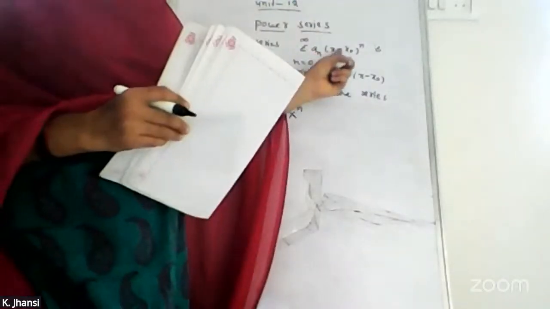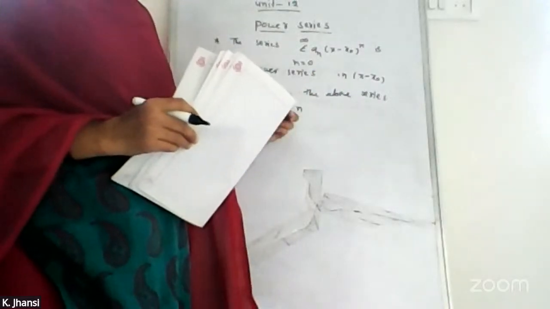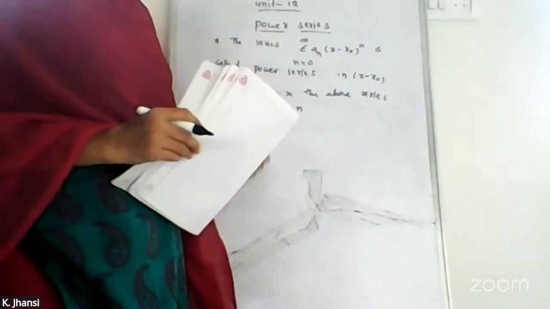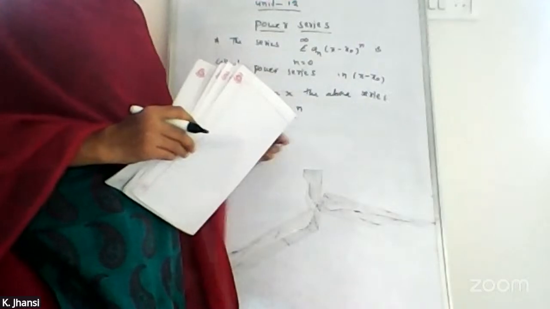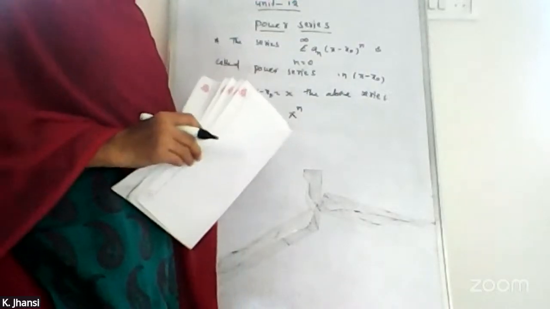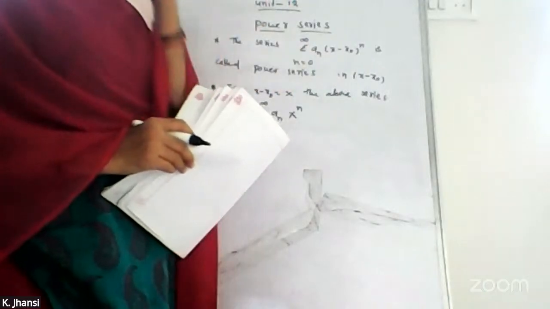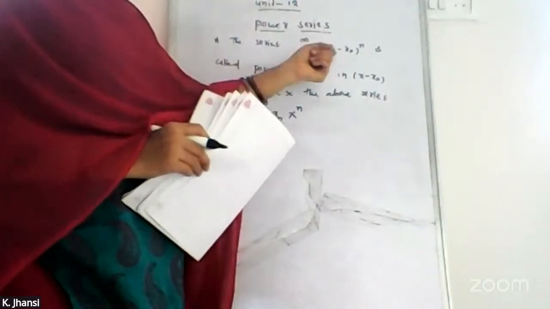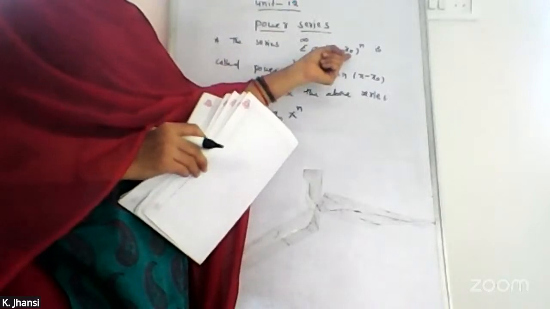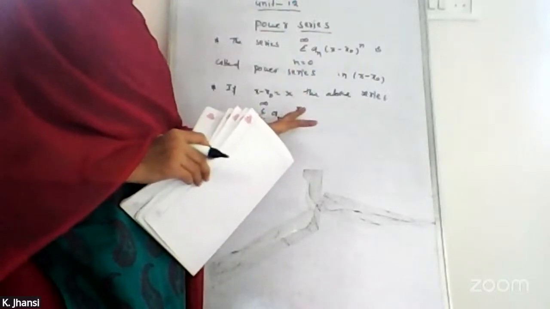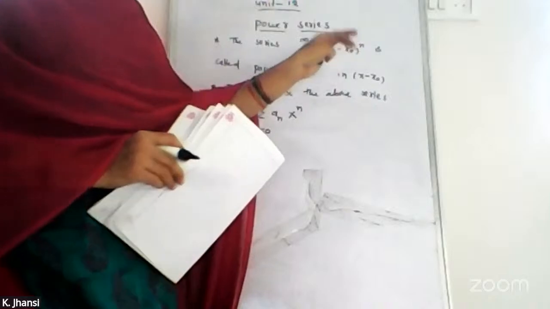Here x minus x naught value if it is equals to capital X, then we can write it as summation n equals to 0 to infinity an x to the power of n. So usually problems will be asked in this form and also in this form. So if in this form it is asked, here x naught value you have to see. If directly it is given, this x naught value is 0.